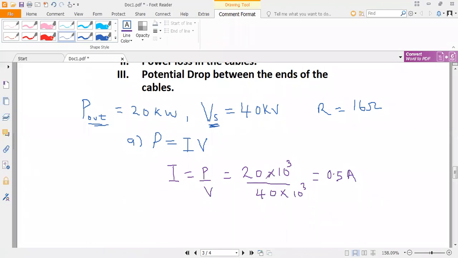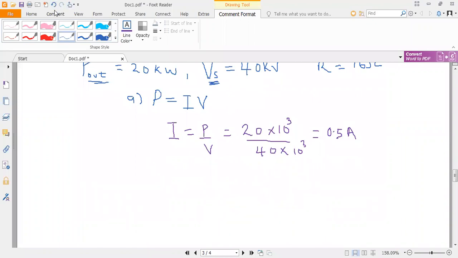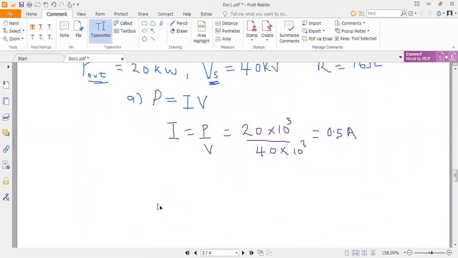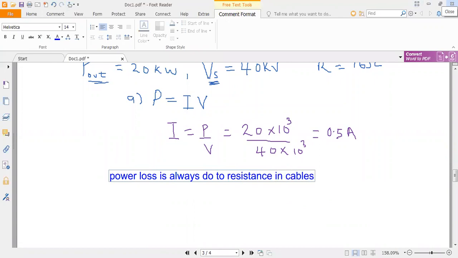Part B, they're asking us to find the power loss in the cables. One thing we should know is that in generators or in transformers, power loss is always due to resistance in the cables. It is the resistance in the cables which causes power loss in transformers or in the wires used in transformers.